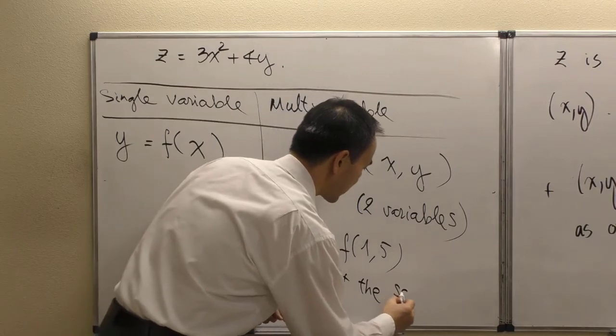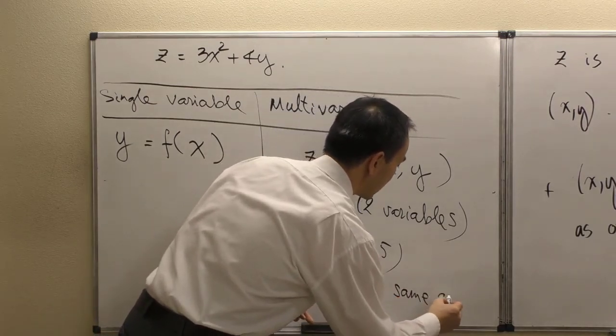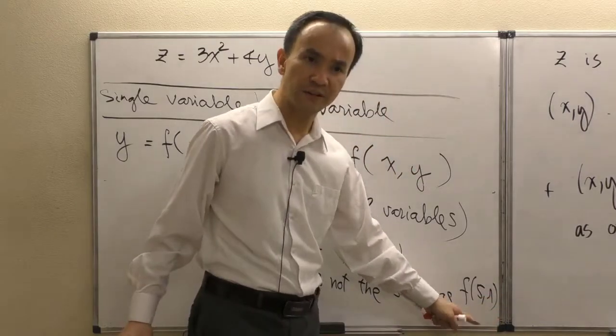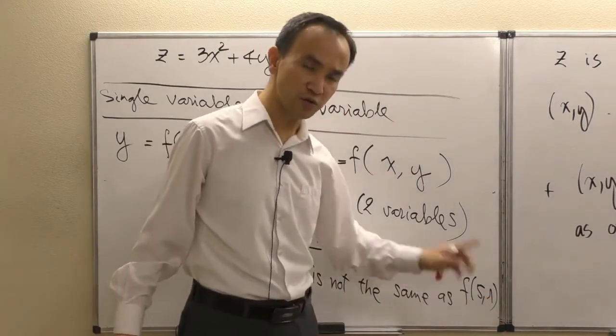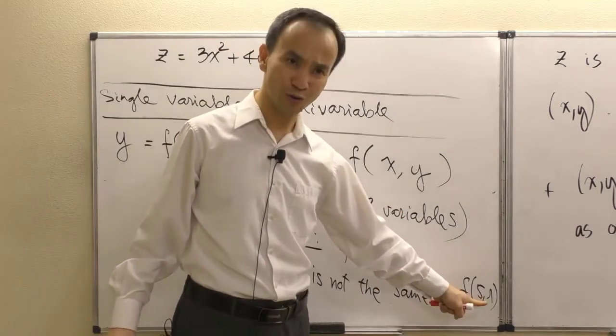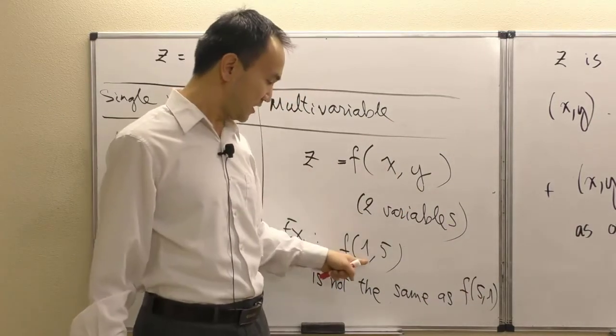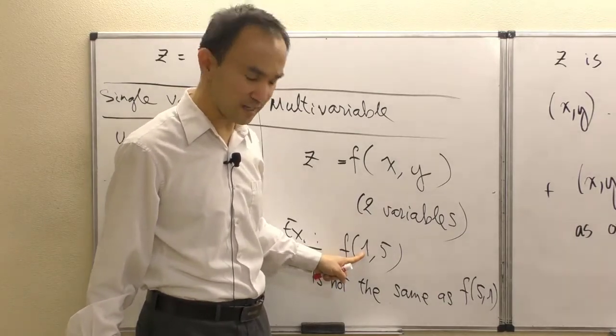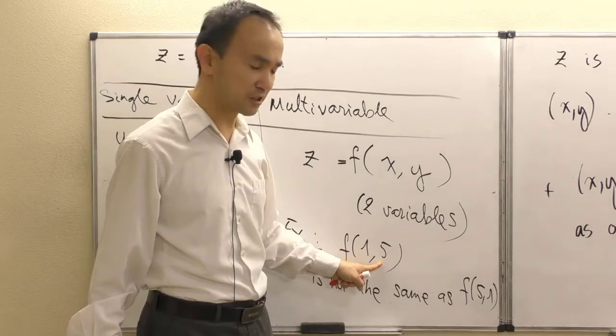This is not the same as f of 5 comma 1, because 5 comma 1 is different. It still involves two values, the 1 and the 5, but they have different roles. In f of 1 comma 5, 1 is the value we give for x, and 5 is the value we give for y.